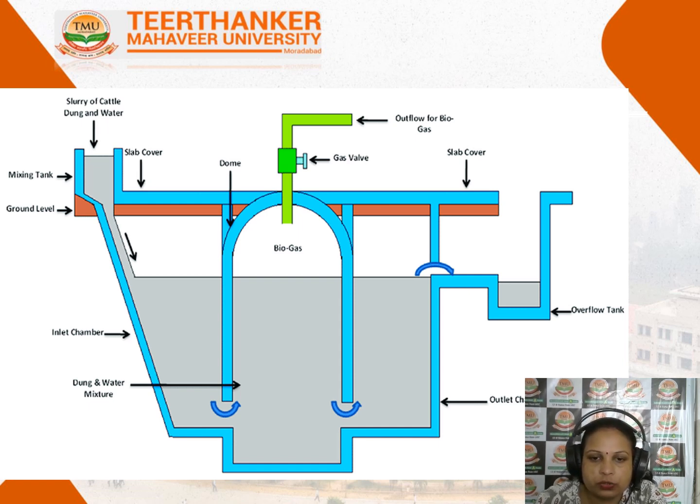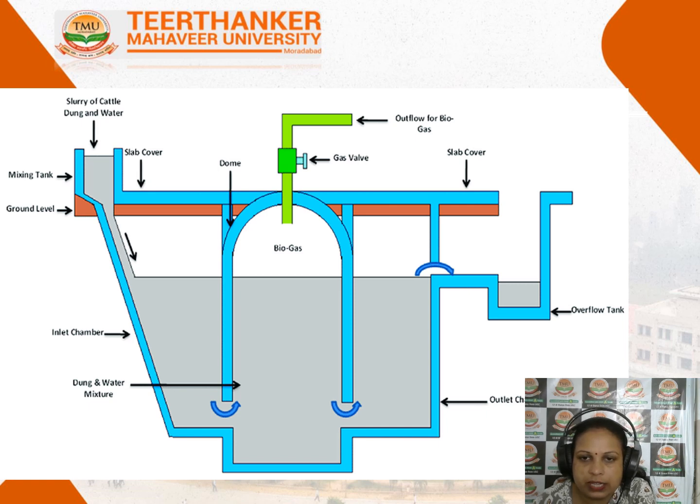So in the picture you can see that this is the mixing tank which is above the ground, and this is the inlet chamber. It is sloping and it opens into the digester tank.